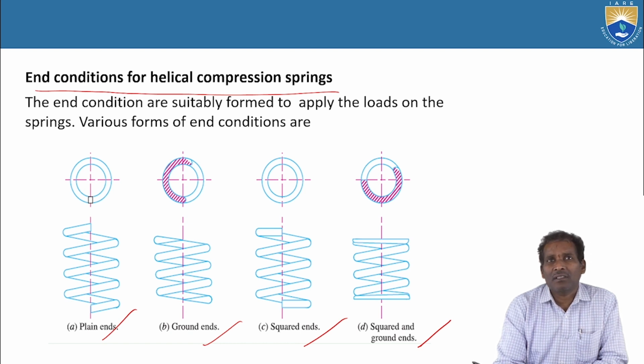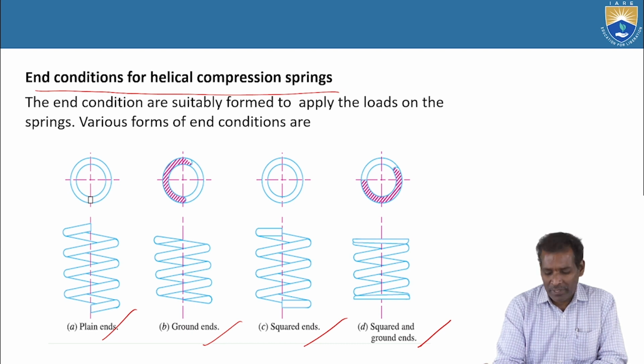So based on this end condition, you can calculate the total number of active coils, active turns. During application, whenever the spring is subjected to loads, the ends are formed like this: plane ends, ground ends, squared ends, and squared and ground ends.